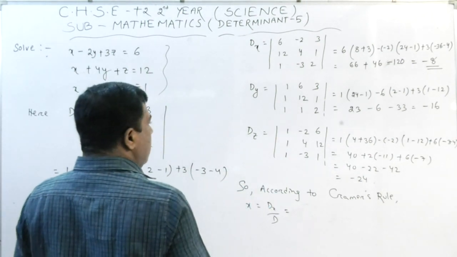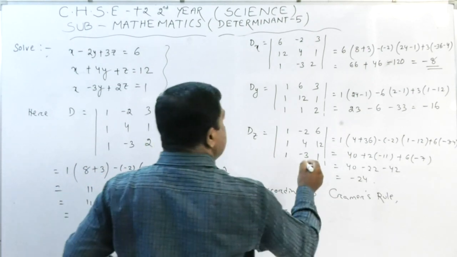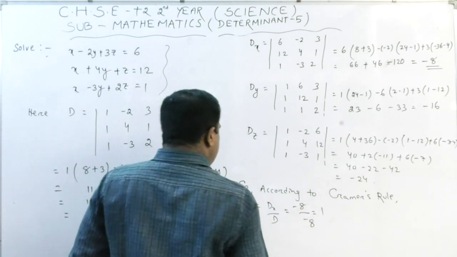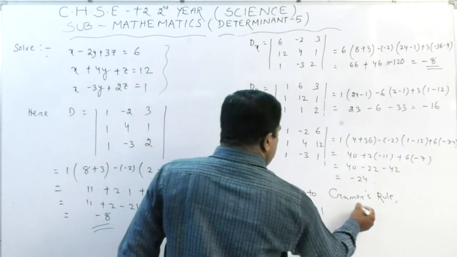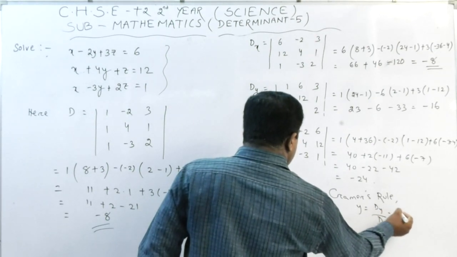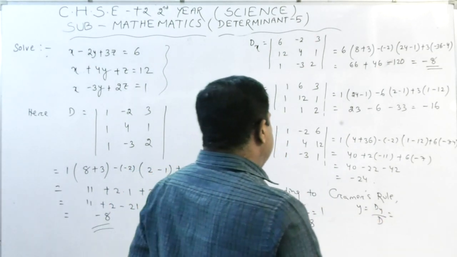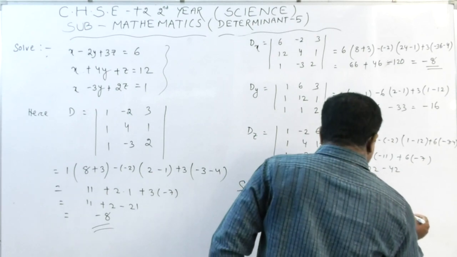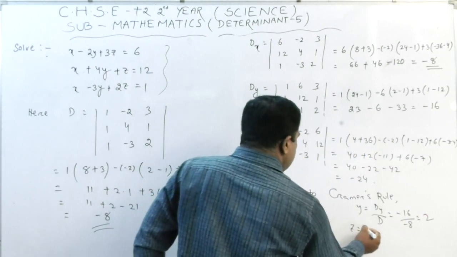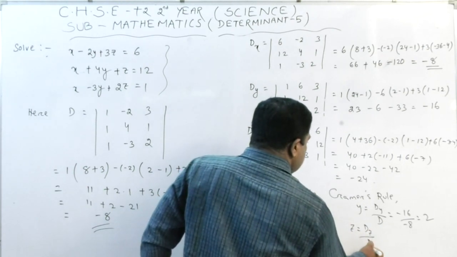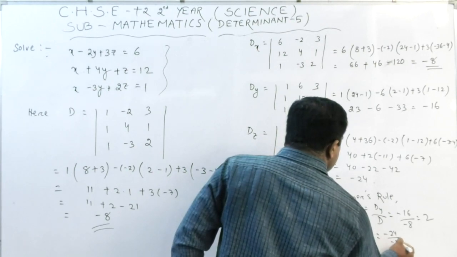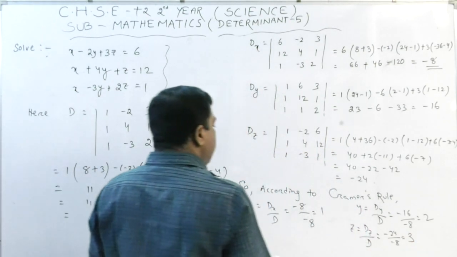Your dx is minus 8 on minus 8, so it is 1, and we can find the value of y. What is y? It is dy on d, that is minus 16 divided by minus 8, so it is 2, and z is dz on d, so it is minus 24 divided by minus 8, so you can see it is 3.